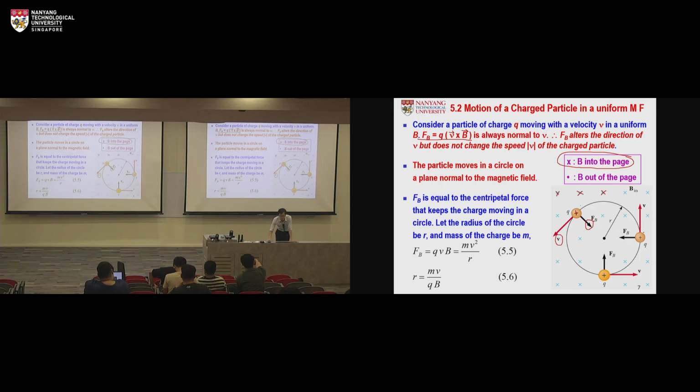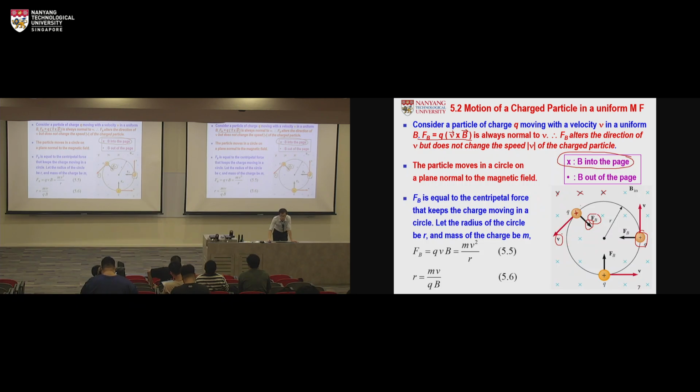Maybe you can do it at this point, it's a bit more comfortable: V, B, V cross B. So you will find out that FB is always perpendicular to V. Meaning, if V is along a different direction, FB is also along a different direction, but they are always perpendicular to each other.